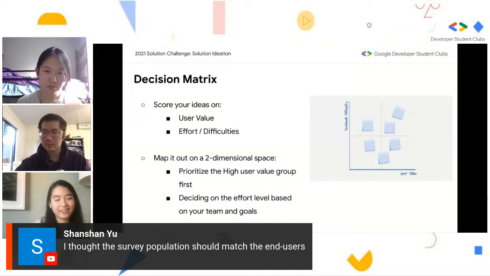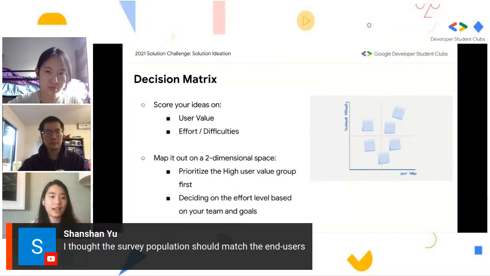We could dive into this in our next workshop, but try to find the most people that belong to the group who are your stakeholders, if you joined our first workshop, but if you didn't, who plays in this, who benefits from this solution, who is affected by this solution, right? Try to interview them as much as possible. The larger the sample size you get, the better the survey is. But in testing, reviewing, and feedback, it doesn't need to be as much as possible, because you probably don't have that much resource, right?